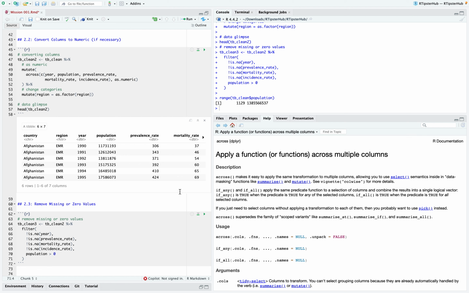The other thing we can do is check the dimensions of TB clean 2.